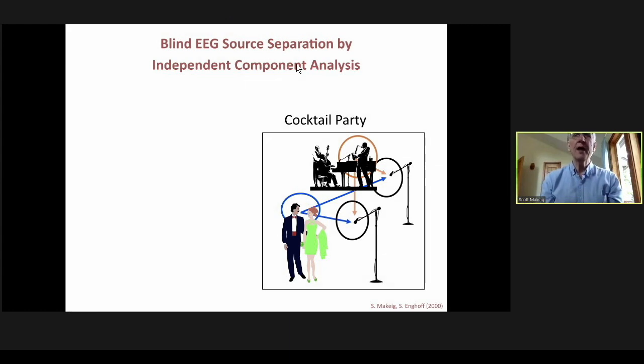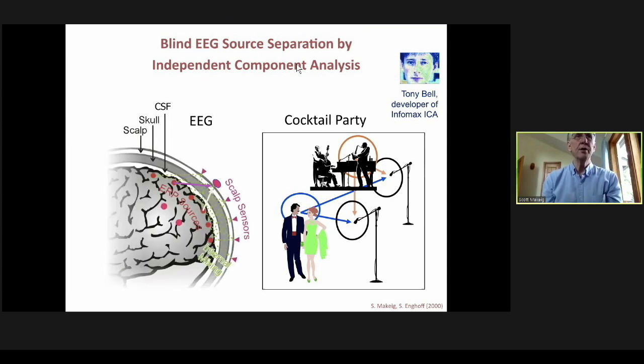So that was independent component analysis. And Tony Bell developed an elegant algorithm. It turns out to be nearly the best for EEG analysis still. And I had the idea when I read the paper one night, in preprint, that this same situation occurs in EEG, where you have multiple sources and they project to multiple scalp electrodes.